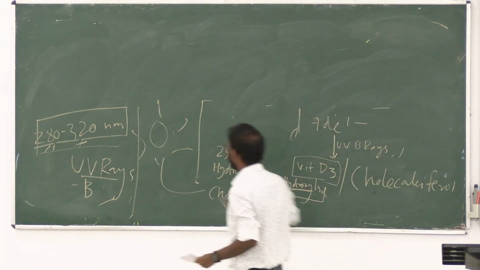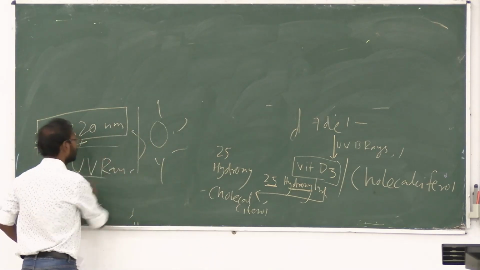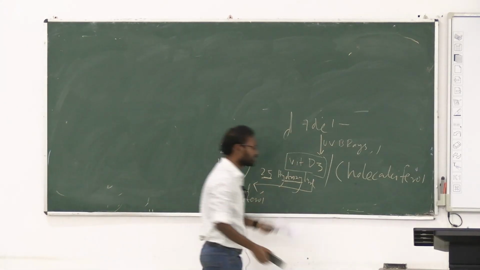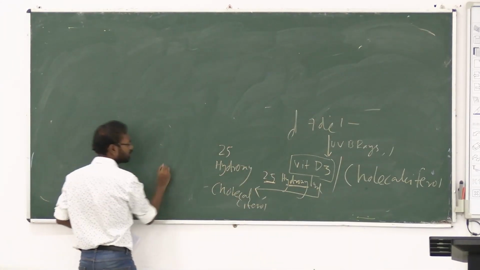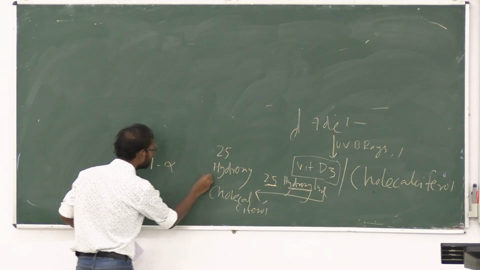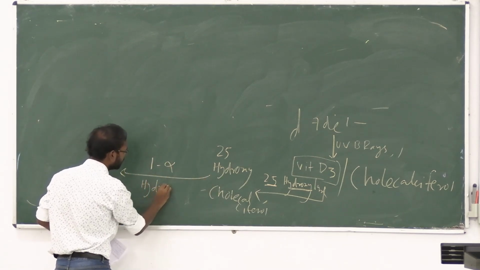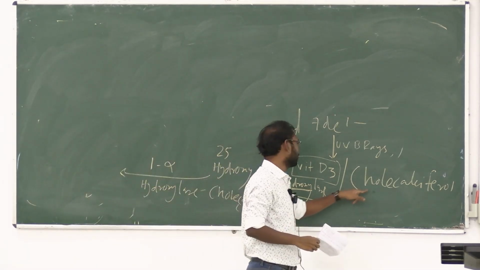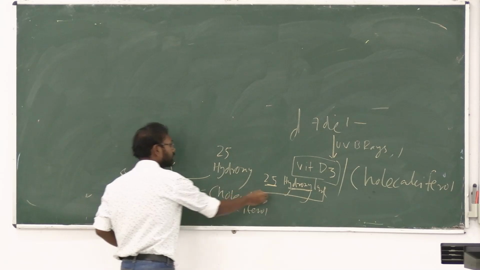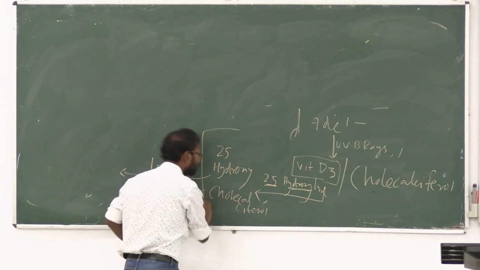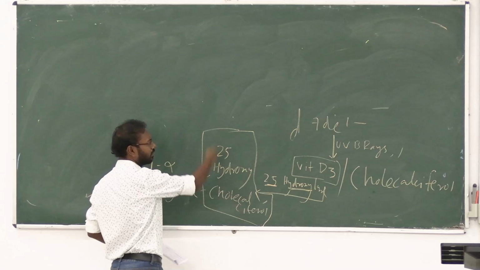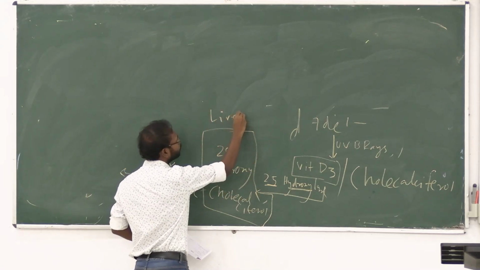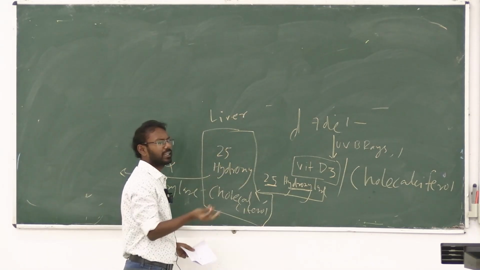Again, 1 alpha hydroxylase comes to work with this. Just like 25 hydroxylase, there is 1 alpha hydroxylase. Important to remember is that this transformation of cholecalciferol into 25 hydroxy cholecalciferol is happening exclusively in the liver. So by assessing the vitamin D3 level, we can assess the liver.